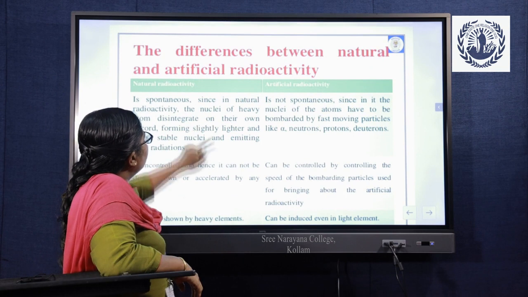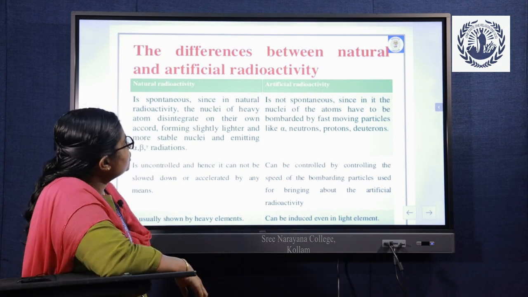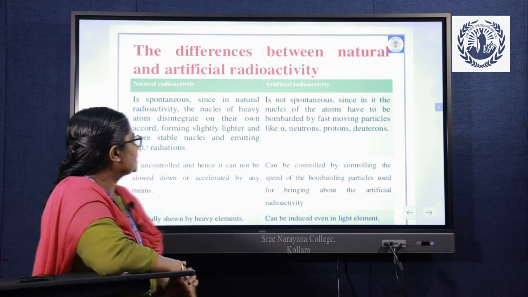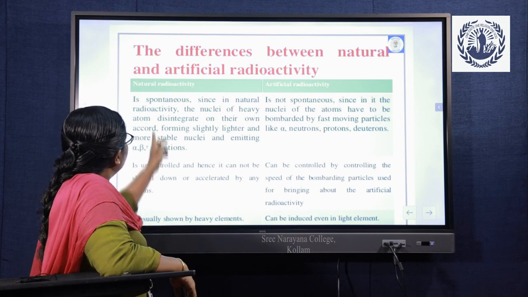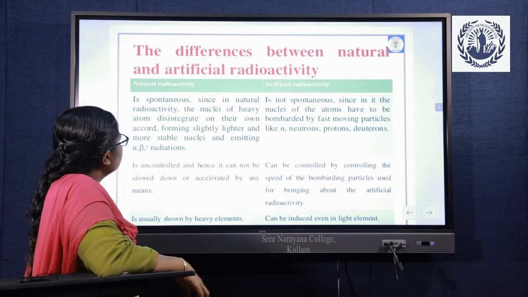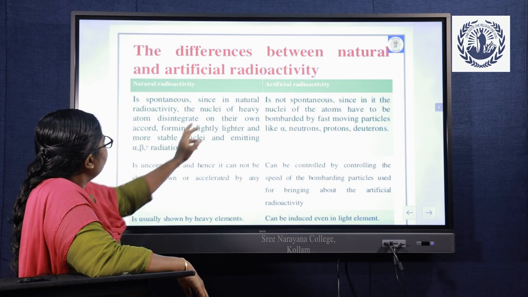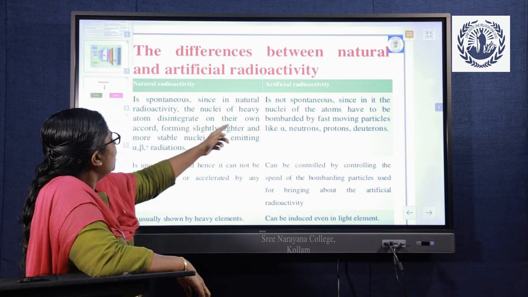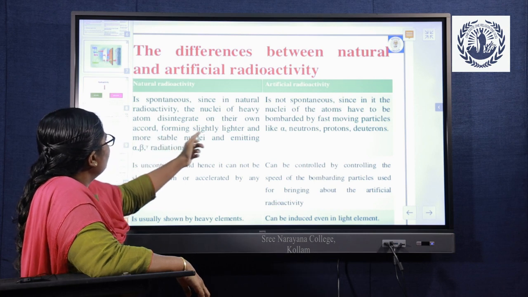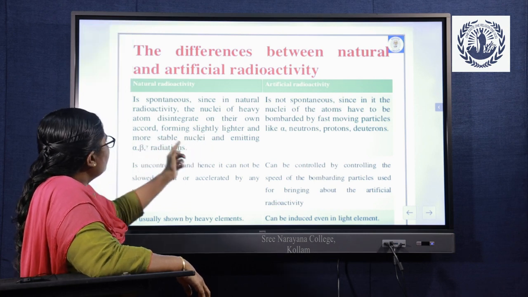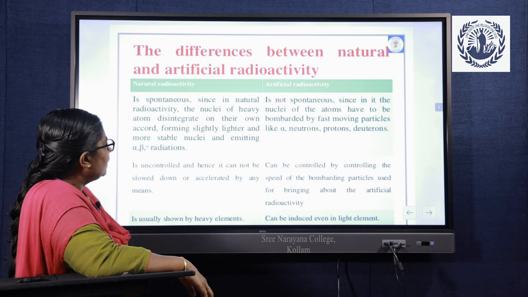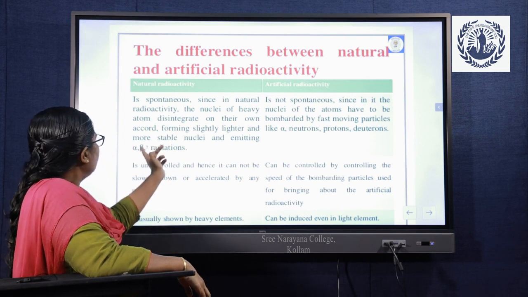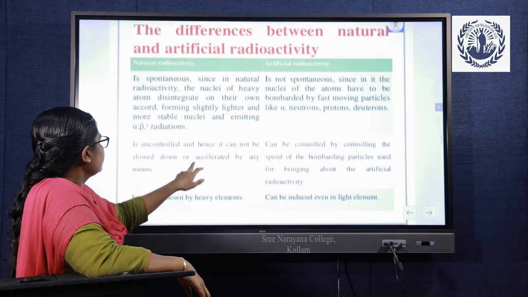Now what are the main differences between natural and artificial radioactivity? Natural radioactivity is spontaneous. It is found in nature itself, and the nuclei of heavy atoms disintegrate on their own to form slightly lighter and more stable nuclei by emitting alpha, beta and gamma radiations.